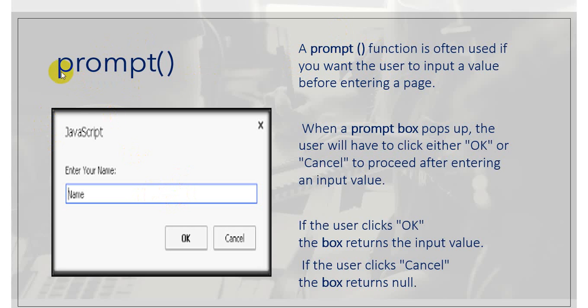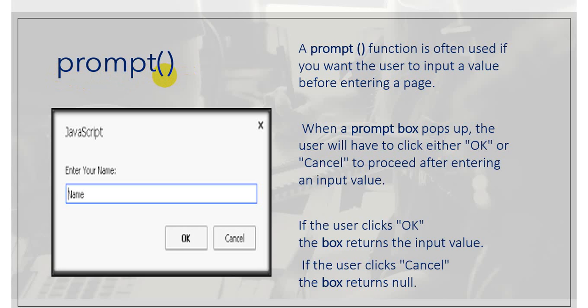This is the prompt. See, all the word is in small letters, and after that you get an opening and closing bracket. This bracket says that prompt is a function. Functions are also called methods. In all programming languages, function and method are almost the same.